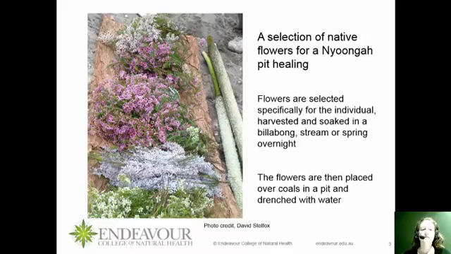And each of these flowers has an energetic imprint, and when they're used, they are harvested originally by specific people usually. They're soaked in billabong or stream overnight, and then they're placed over the coals and drenched with water, and that's what steams up through the individual.